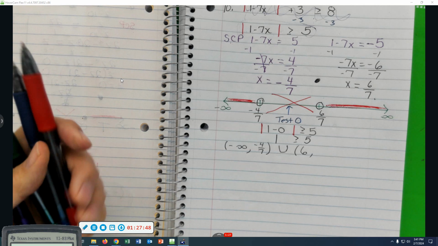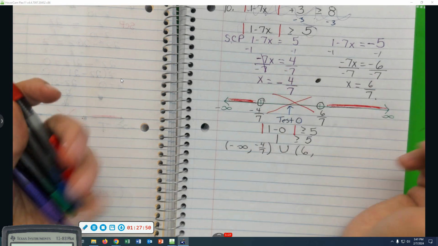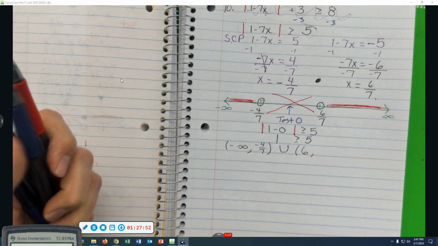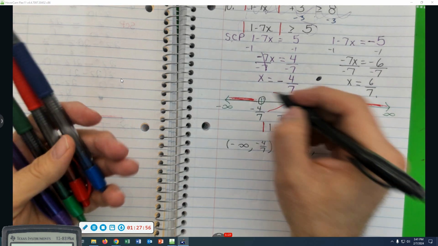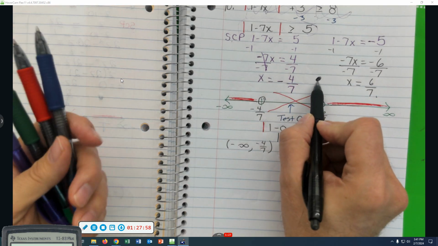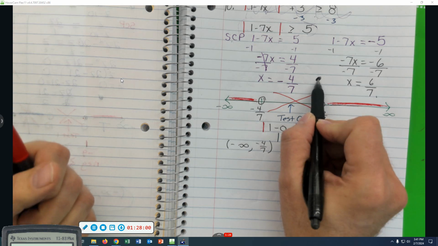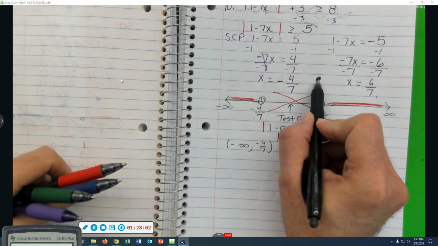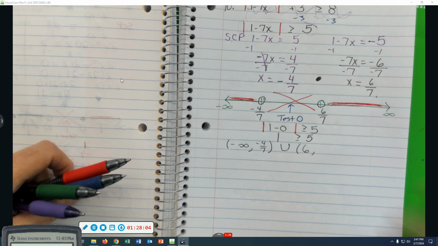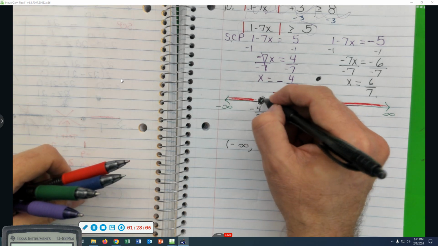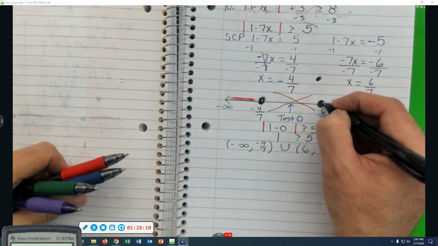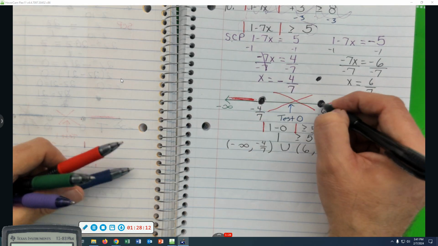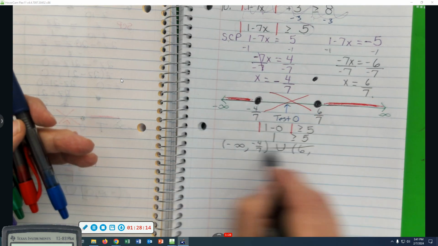Oh wow, where is my brain today? I guess I need to think about this some more. What did I do wrong? I said I'll always make the little mark there so I don't mess up and put the wrong symbol. And what did I do? I put the wrong symbol. Close circle, close circle. Sorry about this.